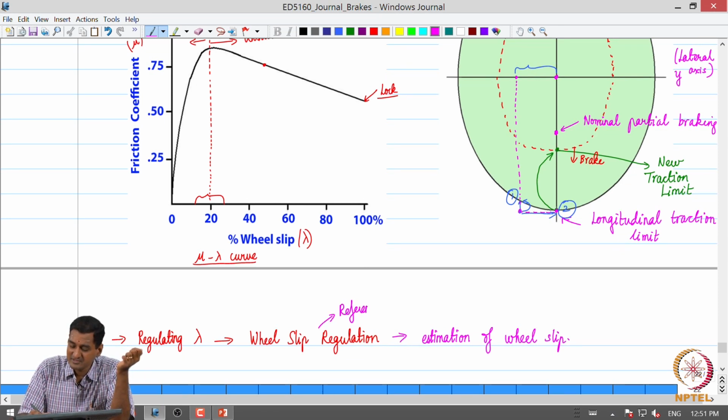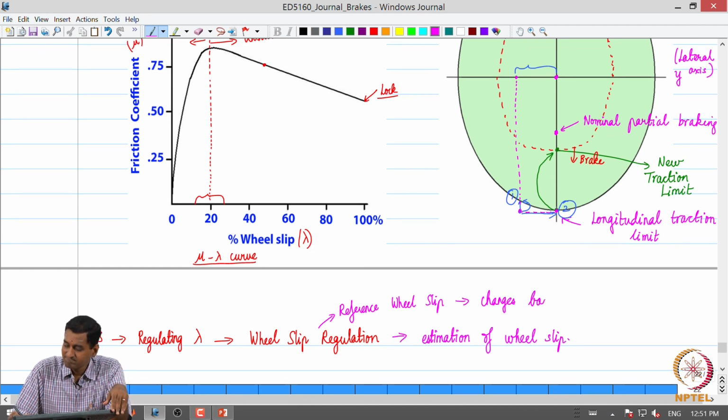In control systems, we would have encountered the term reference input. That is the desired value. Similarly here, what is the reference wheel slip? This will change based on the tire road interface conditions amongst others.